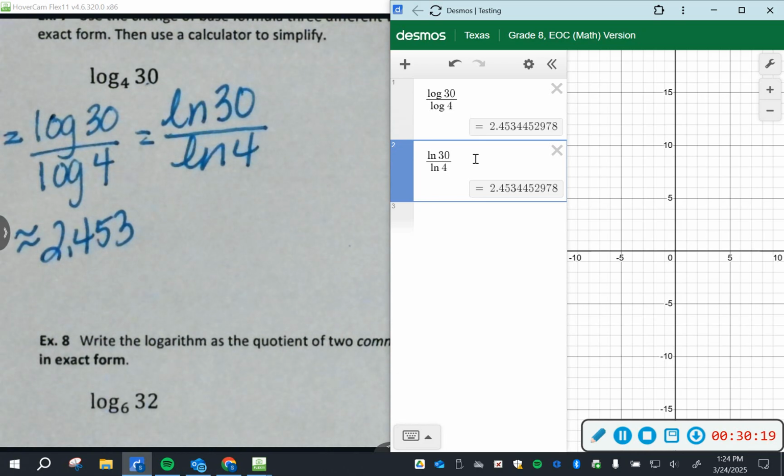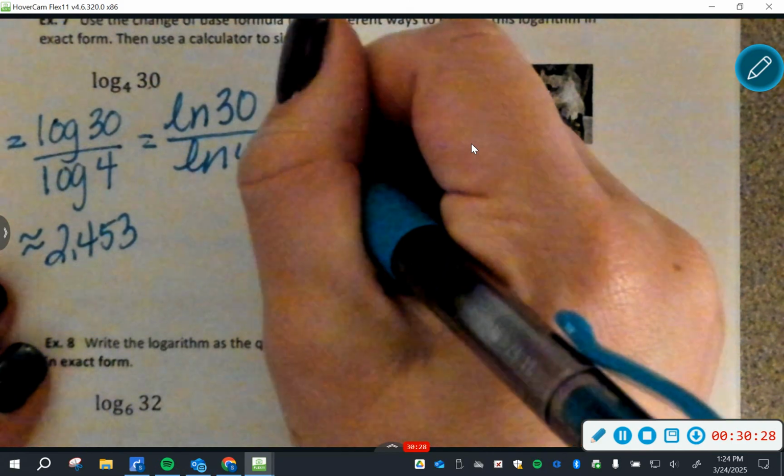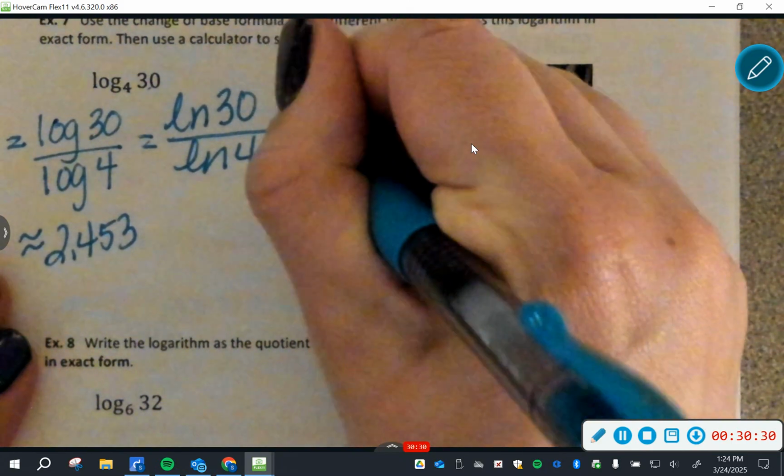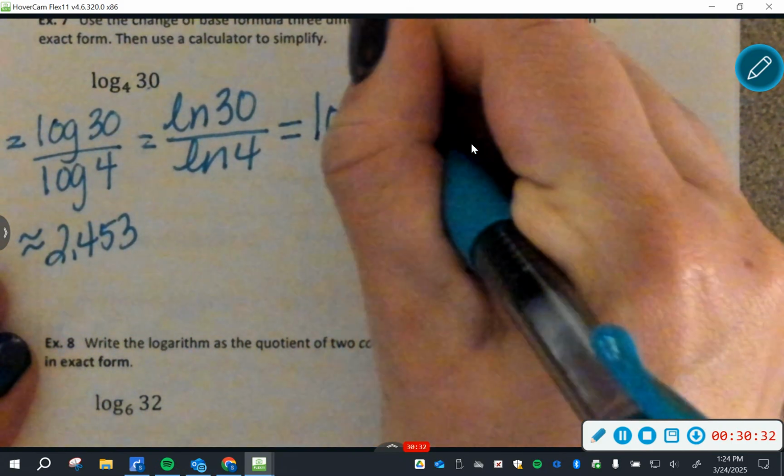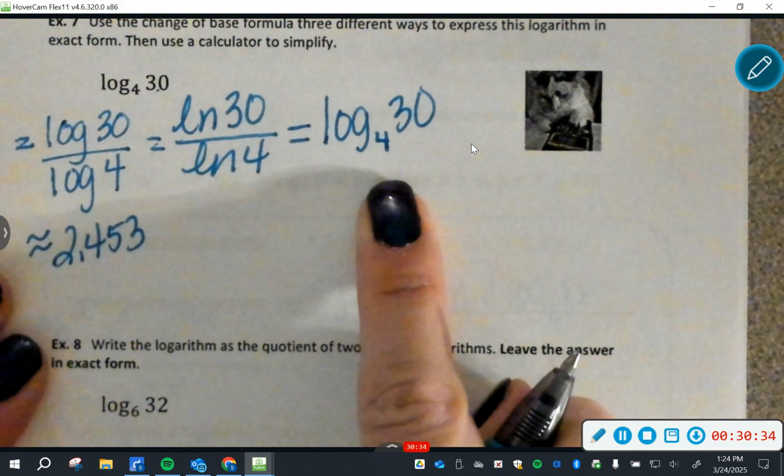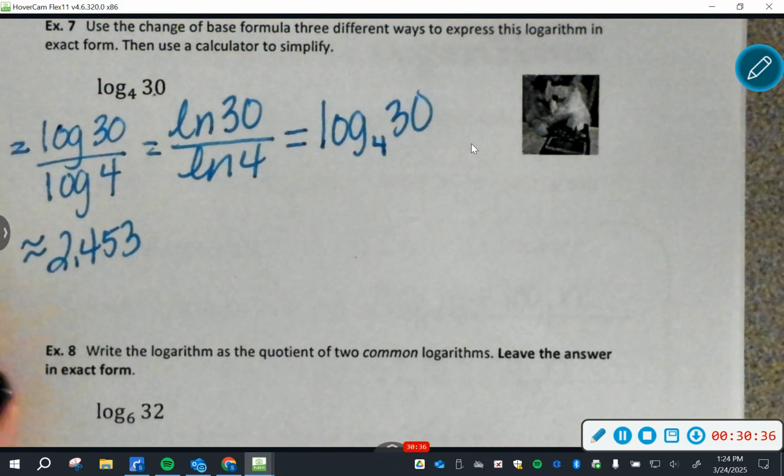Now, today we have Desmos, and Desmos is better than those calculators in many ways. Desmos will let you actually type this in, log base 4 of 30.